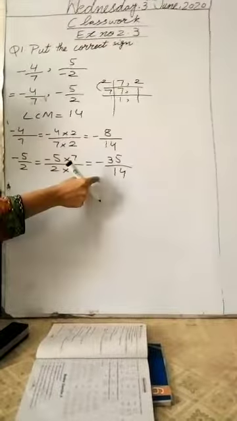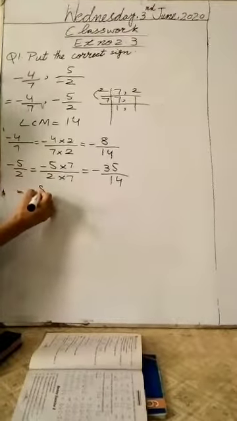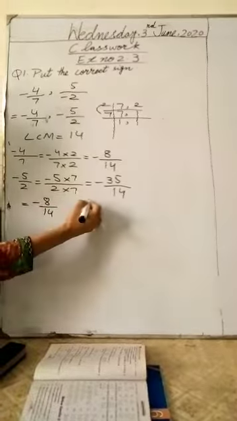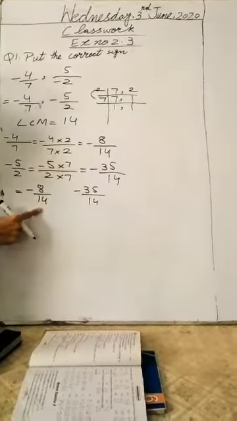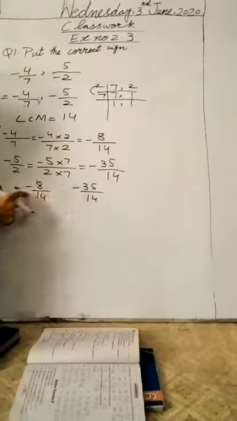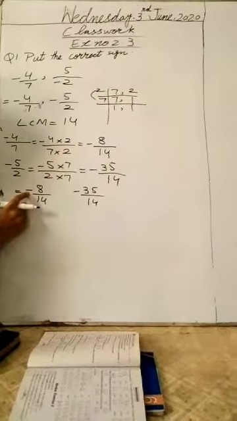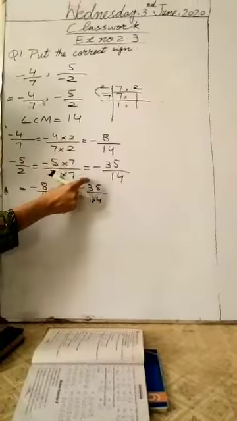Write down your new values with the equality sign: minus 8 over 14 and minus 35 over 14. LCM are same. So you need to compare the numerators. Minus 8 is greater than minus 35.